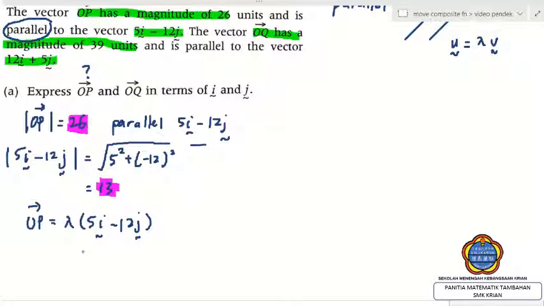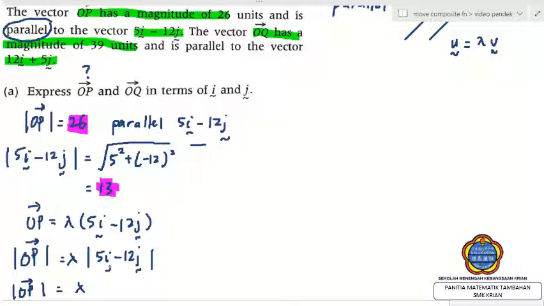And what we can get here, magnitude of OP is equal to lambda magnitude of 5i minus 12j, that is also equal to lambda times, okay, magnitude of 5i minus 12j, which we got just now equal to 13.